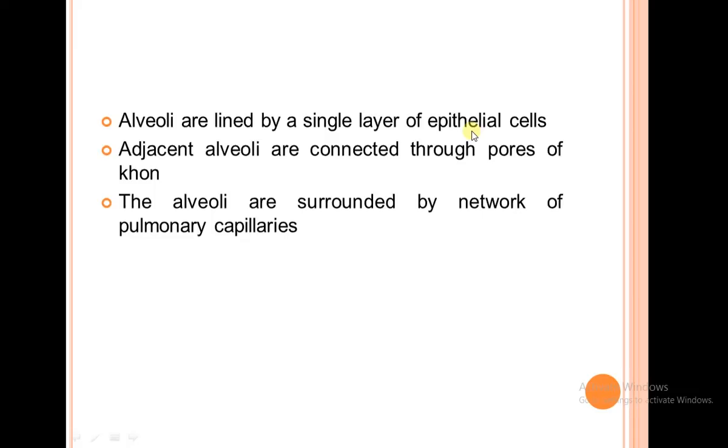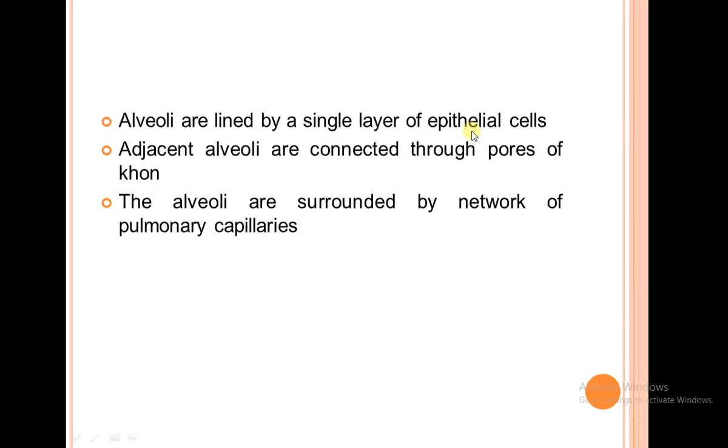Now type 1 alveolar epithelial cells are flat cells, and they are involved in the exchange of gases, that is exchange of oxygen and carbon dioxide between the alveolar air and the blood present in the pulmonary capillaries. The other type are type 2 alveolar epithelial cells.